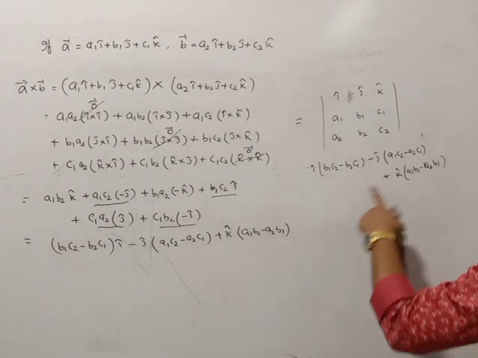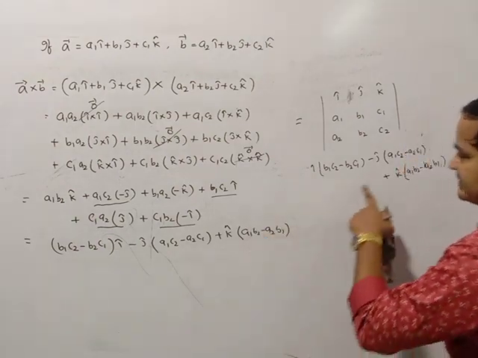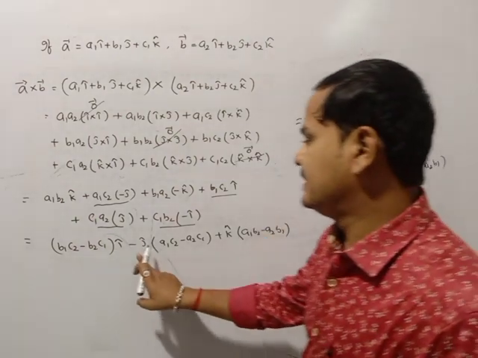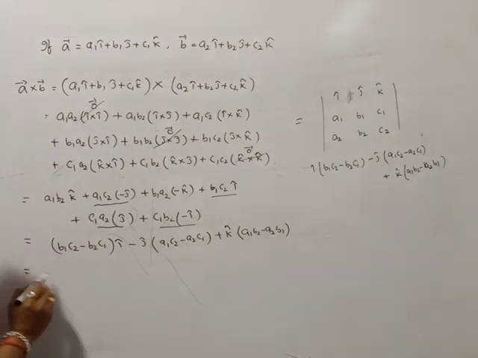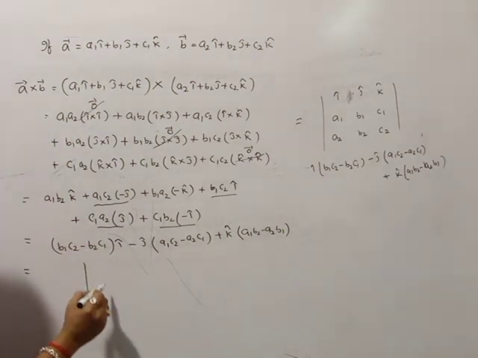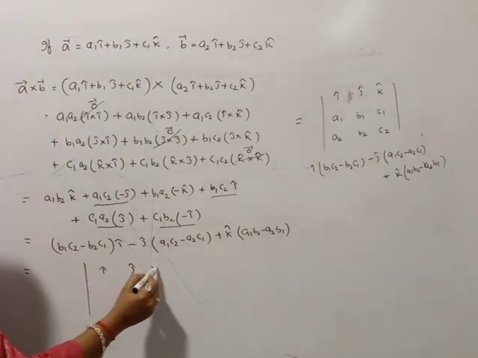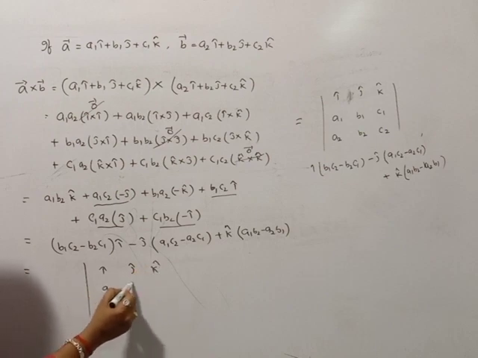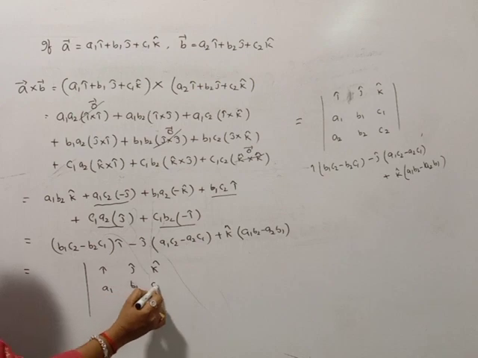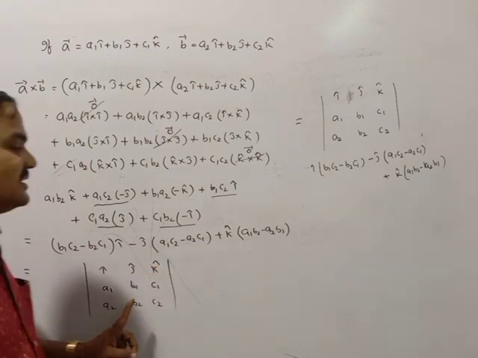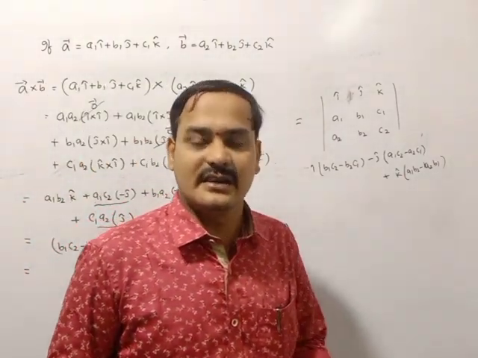It is the same. So I have written it like this, in the form of i, j, k, A1, B1, C1, A2, B2, C2.